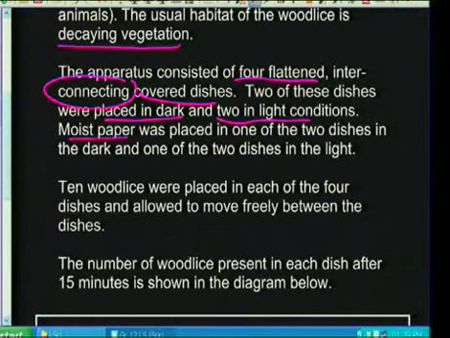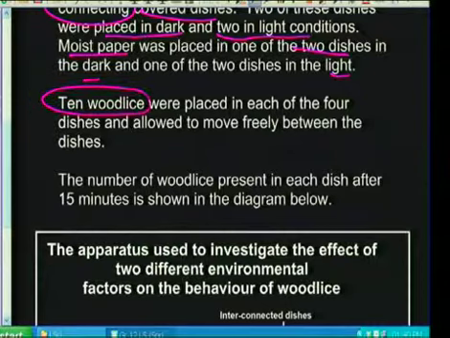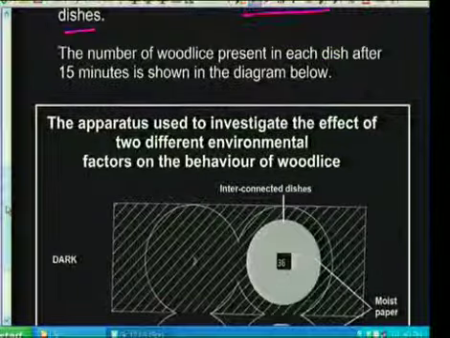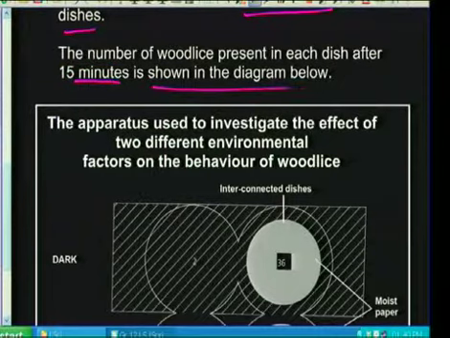A moist paper was placed in one of the 2 dishes in each of the dark and light containers. 10 woodlice were then placed in each of the 4 dishes and allowed to move freely between the dishes. The number of woodlice present in each dish after 15 minutes was shown in the diagram below.